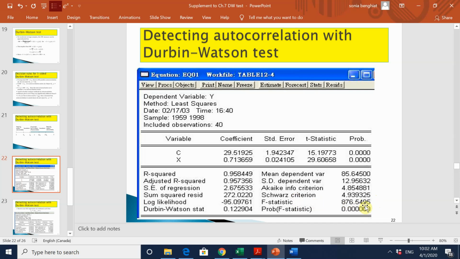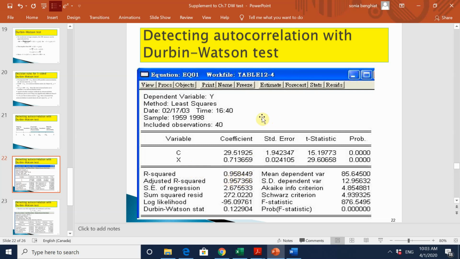And my R squared is telling me that it is pretty high. In fact, X and Y are strongly related. They are moving together, and hence my R squared value here is very close to 1 at 0.9584.